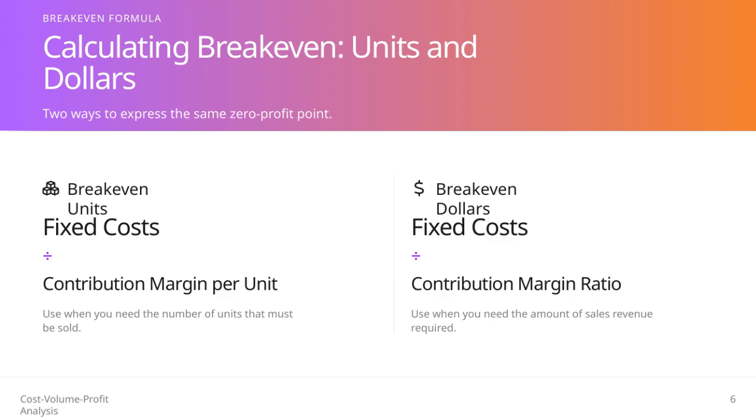On the other hand, break-even dollars give us the sales revenue needed to break even. This is found by dividing fixed costs by the contribution margin ratio, which is the contribution margin expressed as a percentage of sales. Understanding both calculations is crucial in cost volume profit analysis, helping businesses set sales targets and pricing strategies to ensure financial stability.